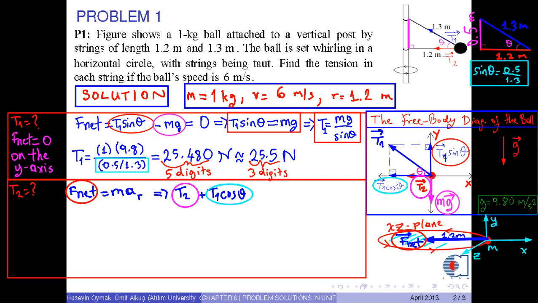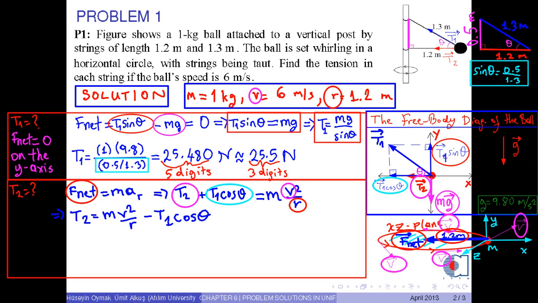And the radial acceleration denoted by a_r is found by the formula v squared over r. Thus, the expression for T2 is found as T2 equals m times v squared over r minus T1 times cosine theta.